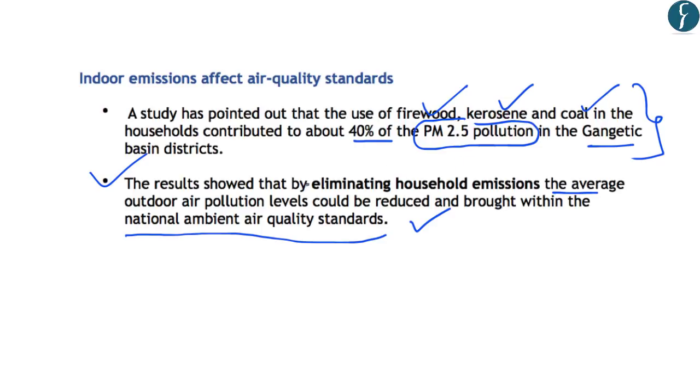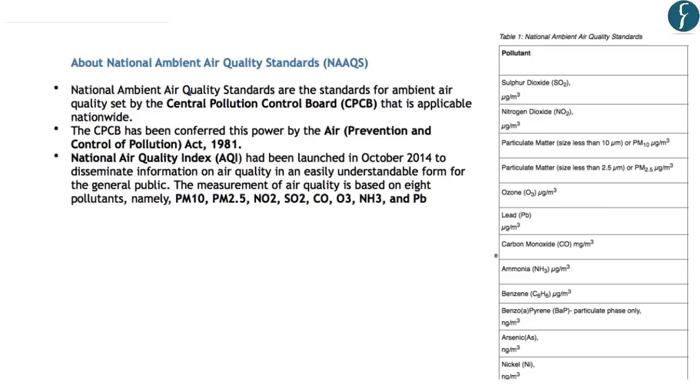So now let us understand what is meant by national ambient air quality standards and what are the pollutants which are being monitored. Regarding the national ambient air quality standards, you should note that these are standards for ambient air quality which have been set by the Central Pollution Control Board. And the ambient air quality means the quality of air which surrounds us in the outdoors.